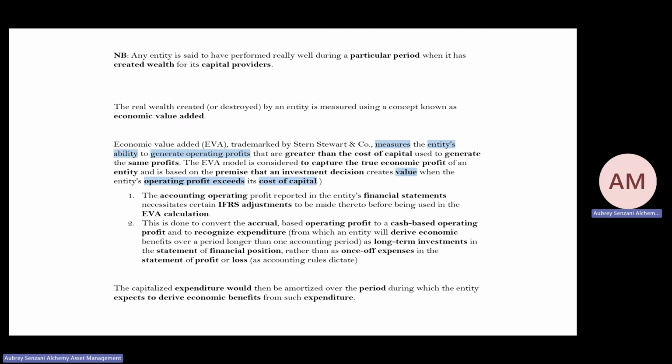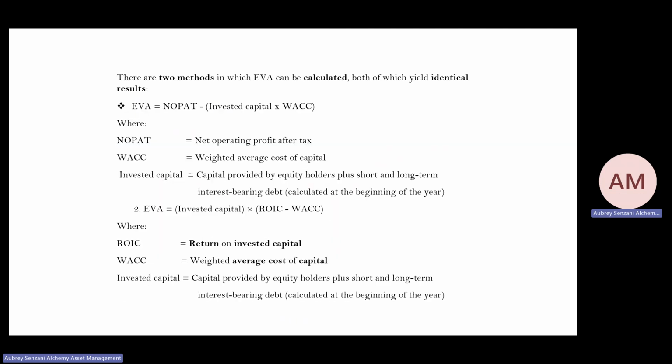So here, the capitalized expenditure would then be amortized over the period during which the entity expects to derive economic benefit from such expenditure. Now they're giving us the two ways in which we can calculate economic value added. You've got your net operating profit after tax minus your invested capital times your weighted average cost of capital.